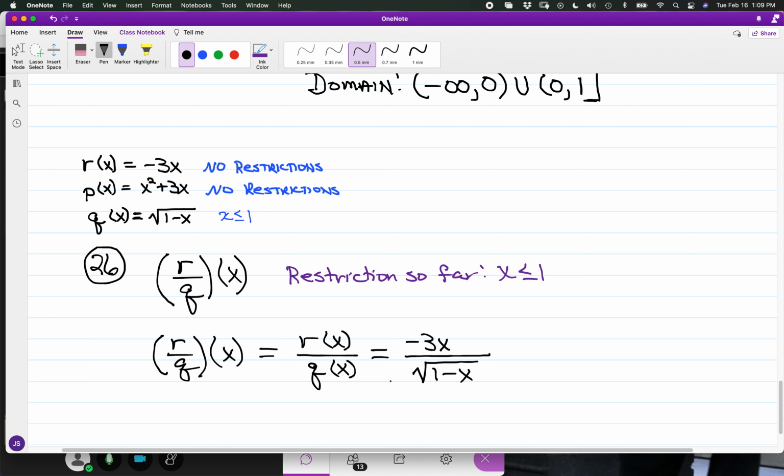But now with Q of x in the denominator, again, because of the square root, 1 minus x cannot be negative. And also because 1 minus x is now situated in the denominator, it cannot be equal to 0 either.